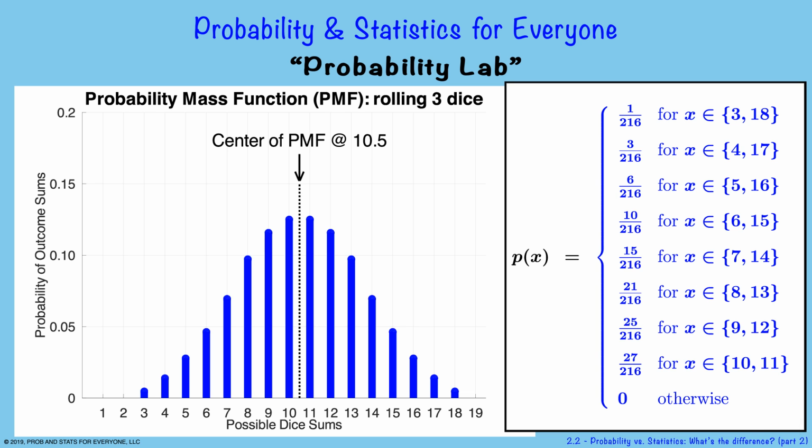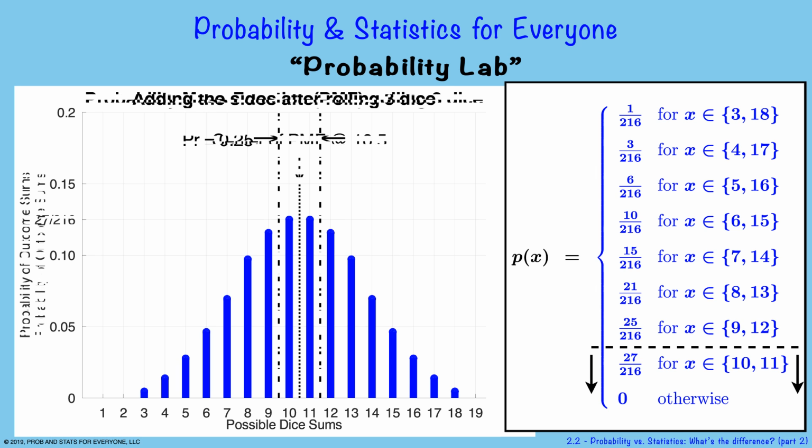Another feature of this particular model is that the more probable outcomes are near the center, and the less probable outcomes are further away. For example, even the values 9 or 12 are less probable than the values 10 or 11. That pattern won't always be the case, but it is here, and we're going to take advantage of that as we consider the notion of a typical outcome.